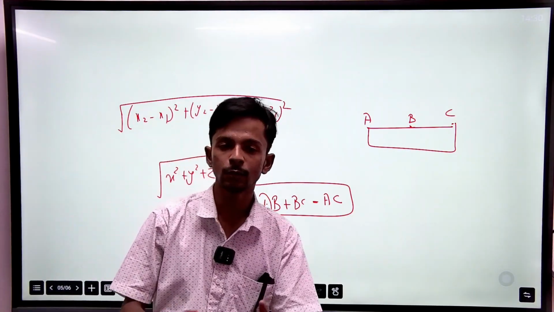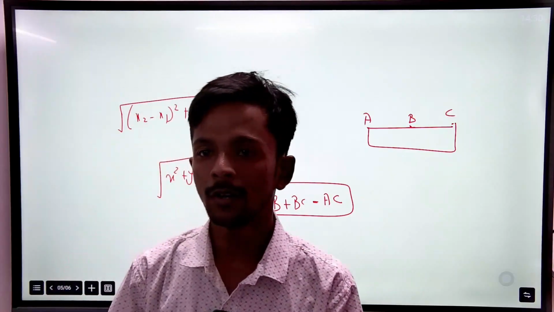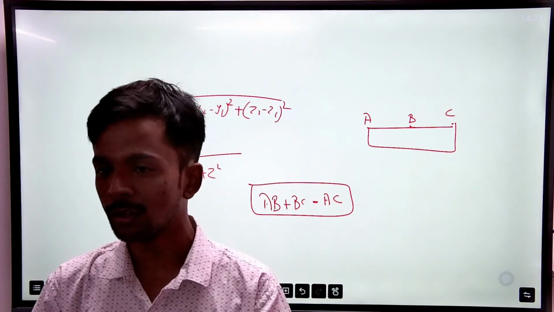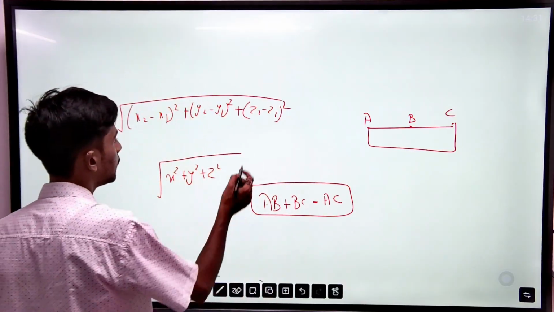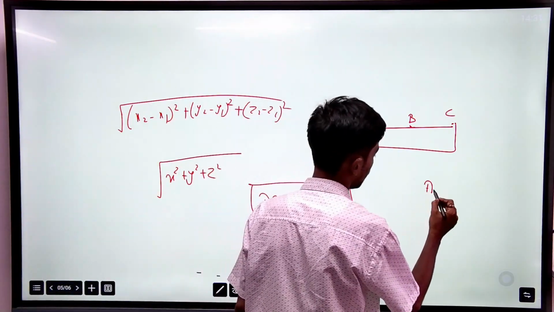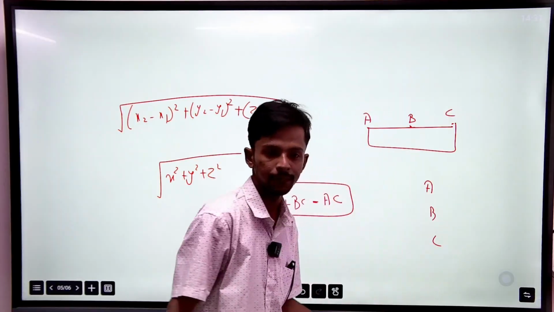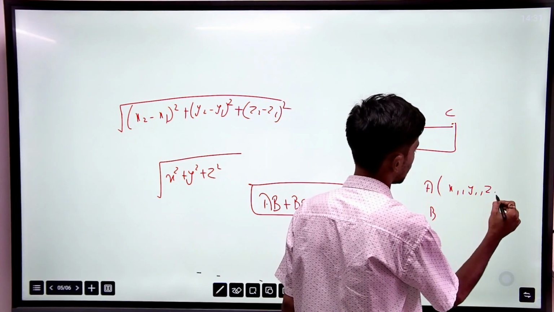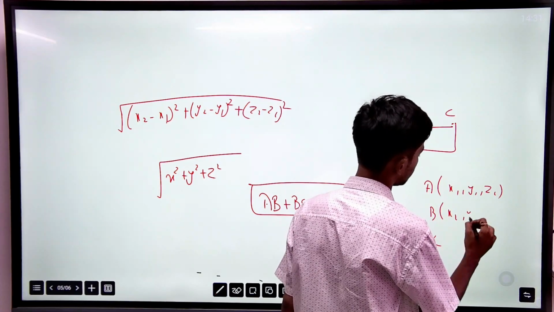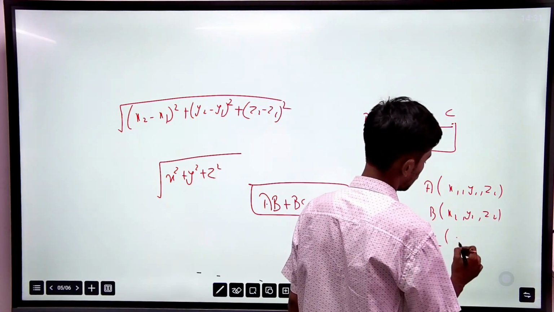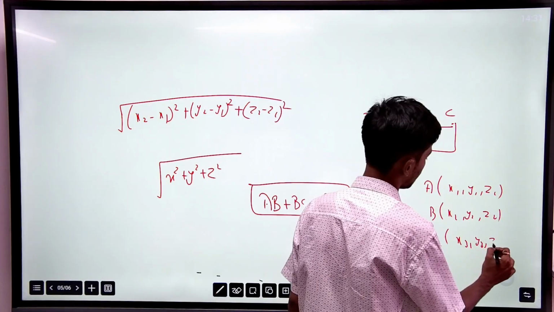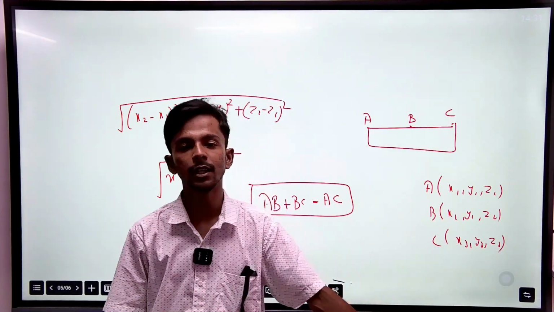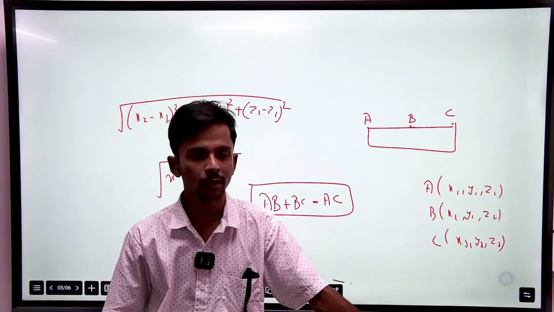And similarly, different questions may be asked. Suppose you have to tell whether the vertices will be forming a right angle triangle or not. Suppose three vertices are given, A, B and C: (x1, y1, z1), (x2, y2, z2), (x3, y3, z3). These are the 3 points in space, and you are asked whether they form a right angle triangle or not.